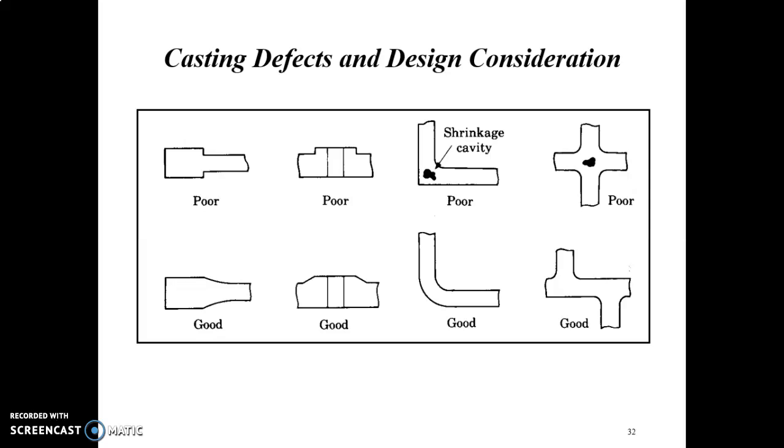This one is some defects that happen in corners, angles, and also section thickness. Look at this design, it is a very poor design. So we use a radius or fillet to avoid corners and provide uniform cross section. Also this one, the design that leads to shrinkage.